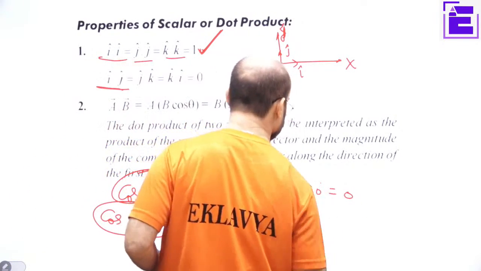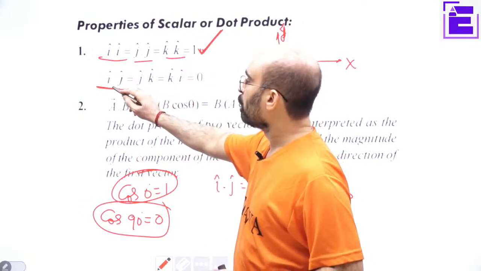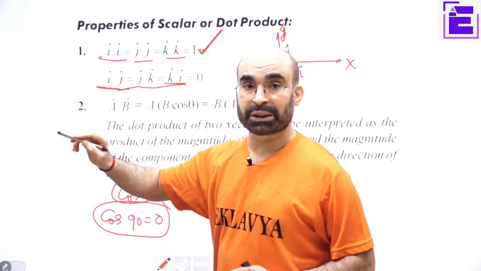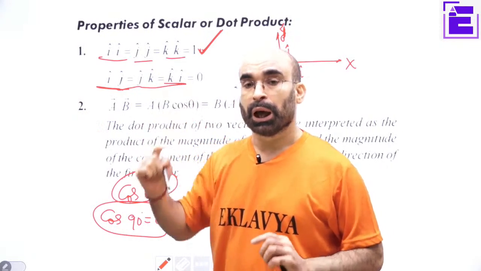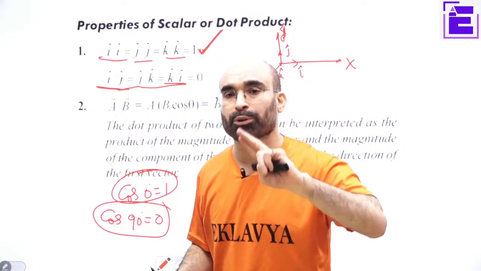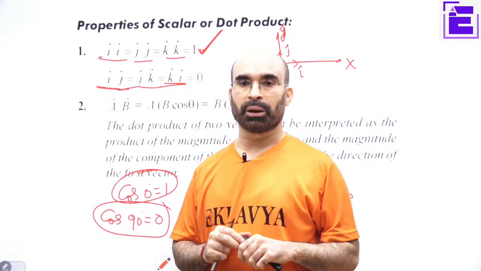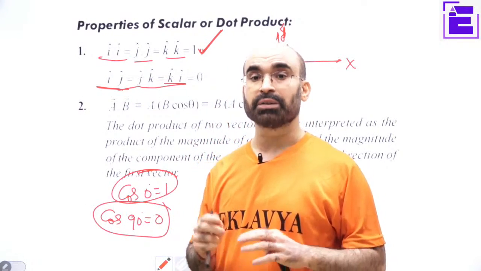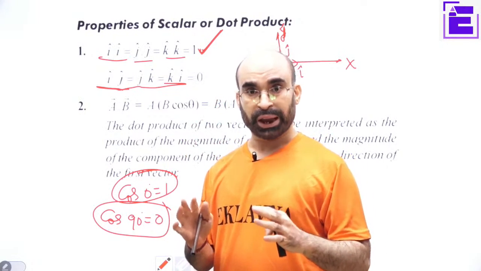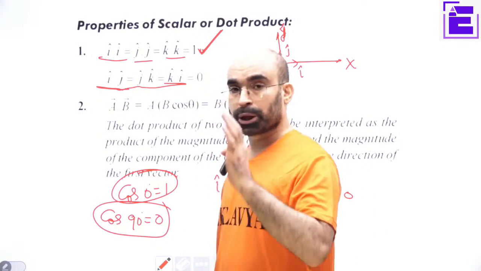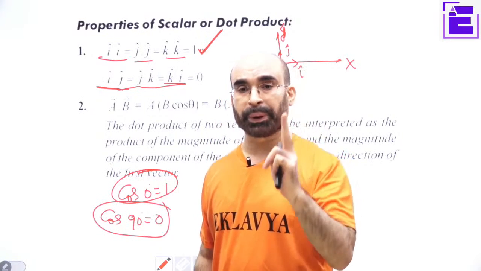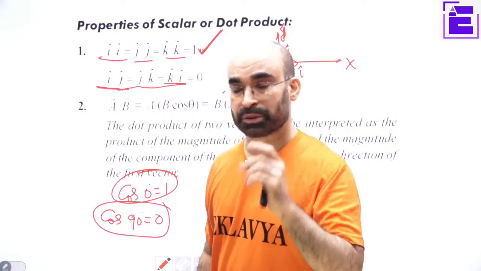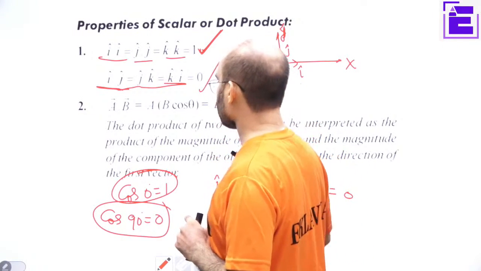So finally it is 0. Similarly, you will have the product of all perpendicular vectors. Now, what is the conclusion? Dot product of two perpendicular vectors is 0. Okay? This we need to keep in mind. Dot product of two perpendicular vectors is 0. Okay, this we have understood.